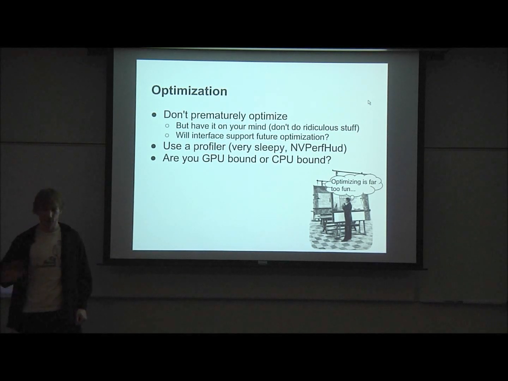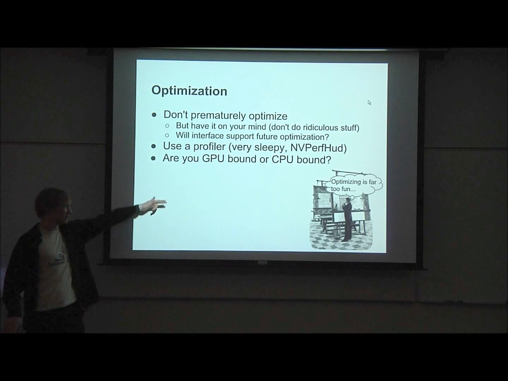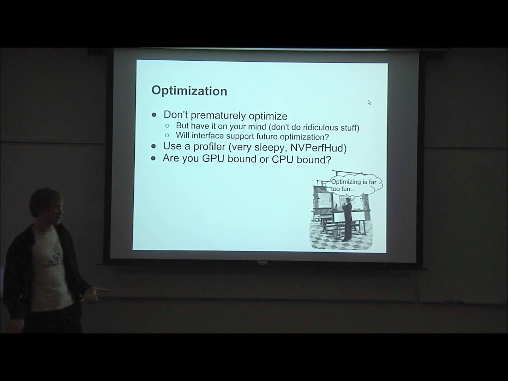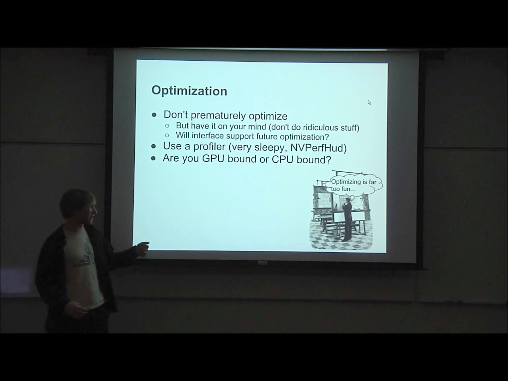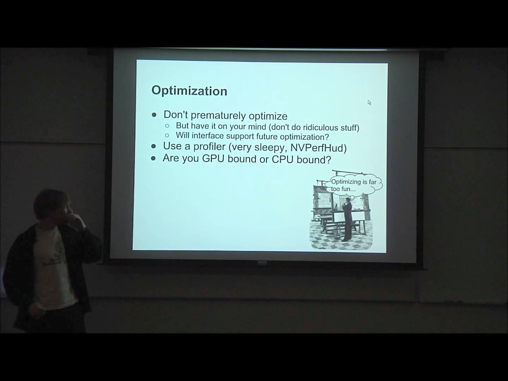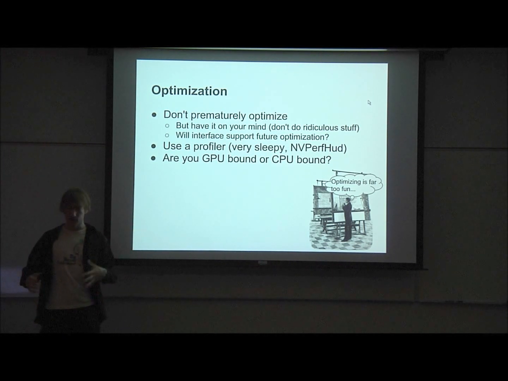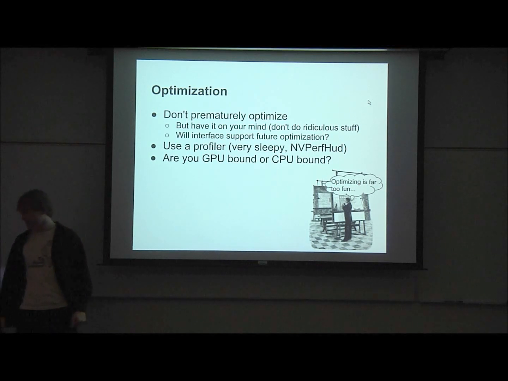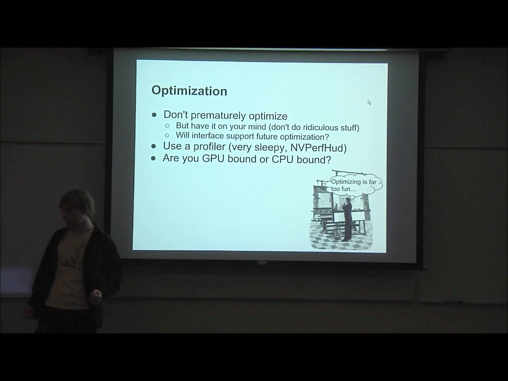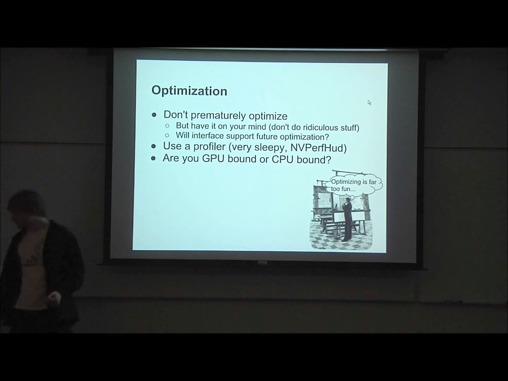You can just remove graphics entirely, and if your frame rate doesn't go up at all, then you're CPU bound. If your frame rate goes up a considerable amount, then you're probably GPU bound, though commenting out all of graphics can make the CPU run faster because graphics takes CPU time as well.